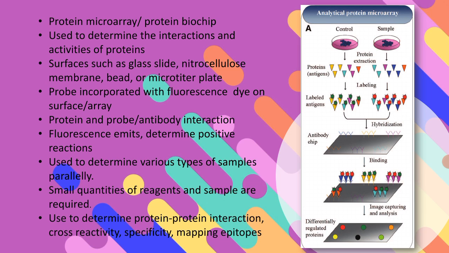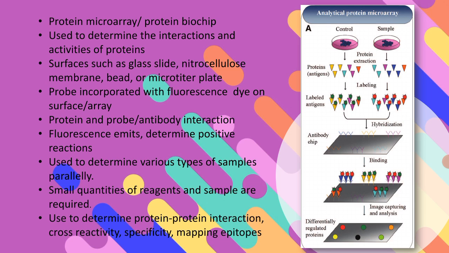Then this method is used to determine various types of samples parallelly. Okay, this is a very important advantage in the case of the protein microarray, that various types of samples can be carried out in a single run, parallelly, simultaneously.